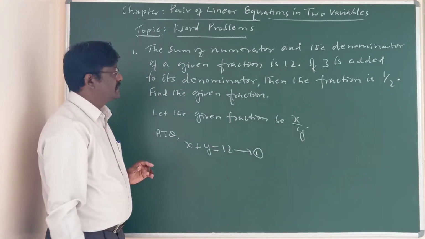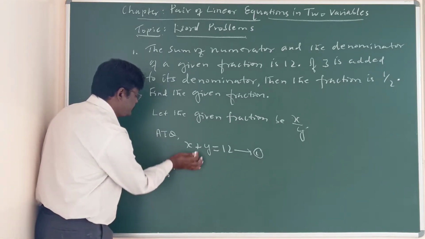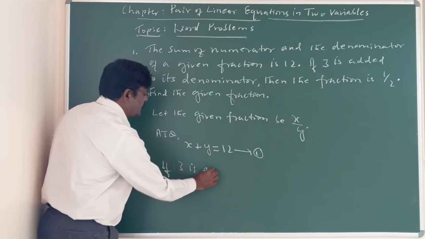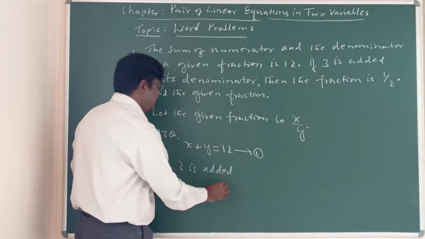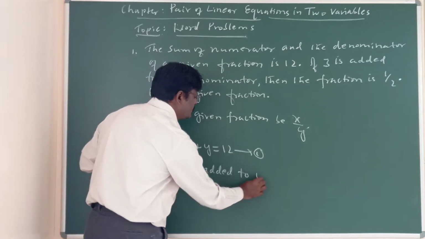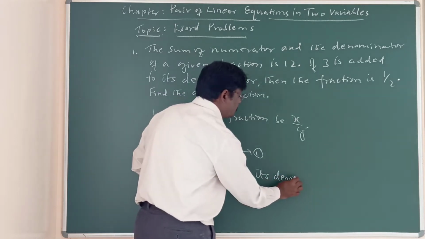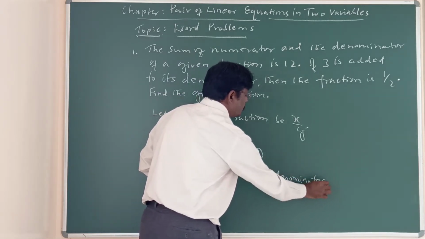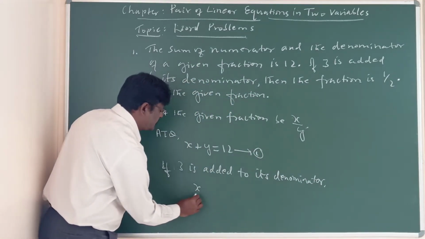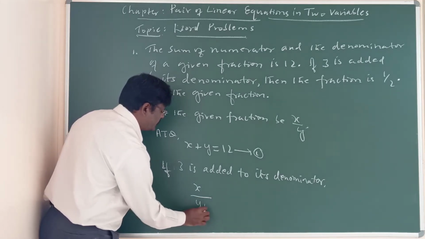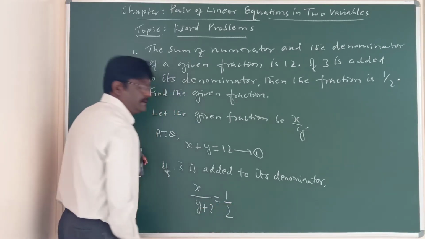Next, look at the second condition. If 3 is added to its denominator, the fraction becomes 1 by 2.